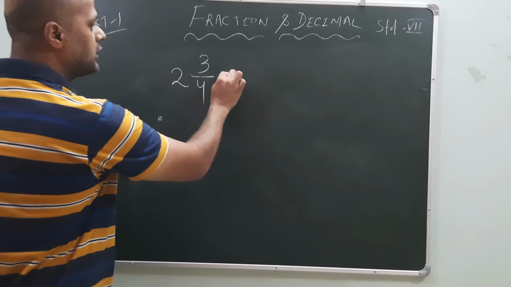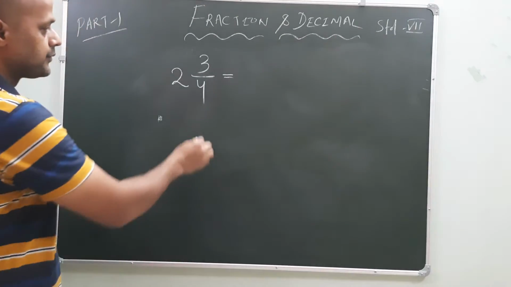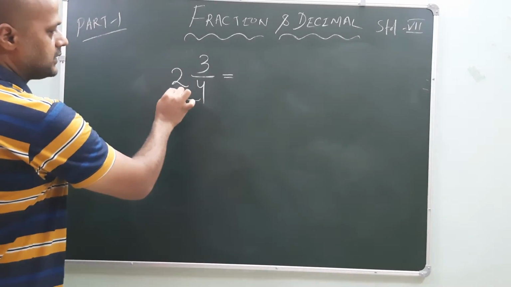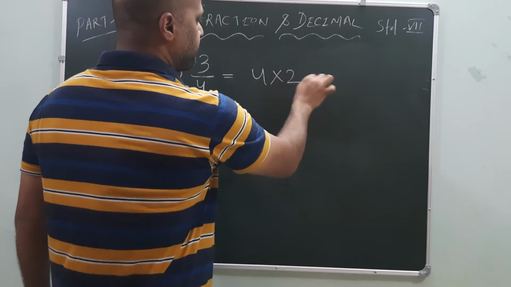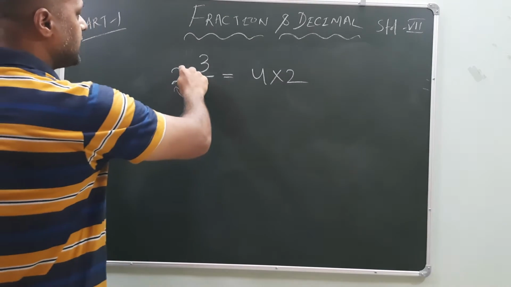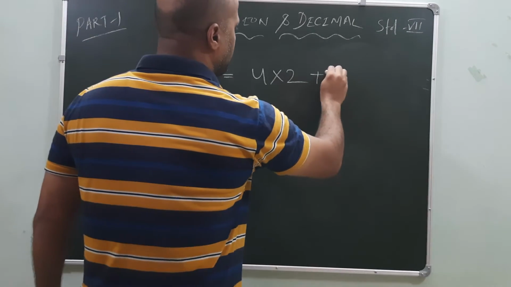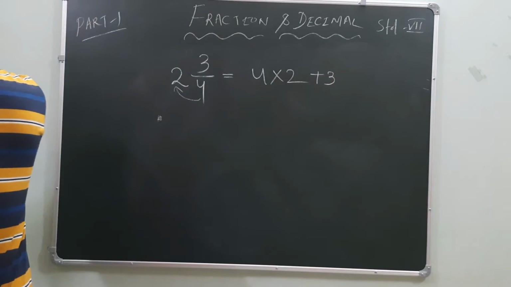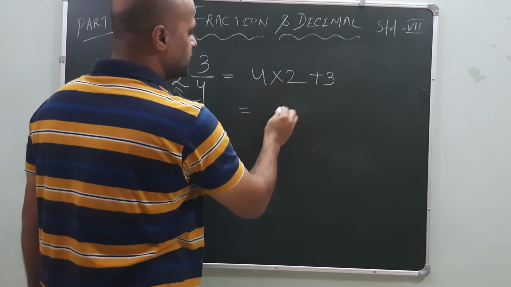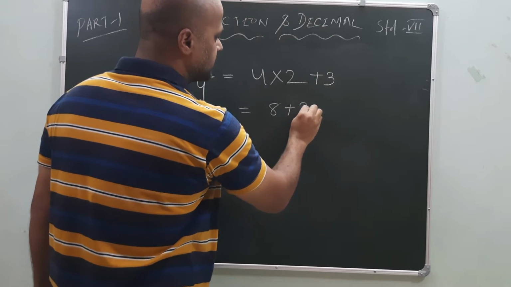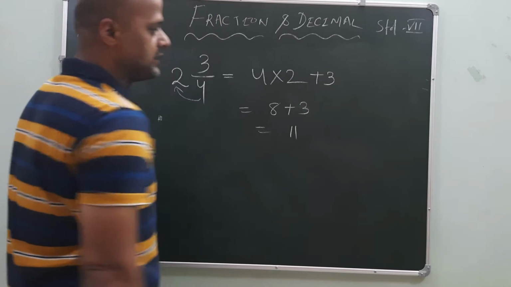Now see how it will be. First, you have to multiply the denominator with the whole number. After the result comes, you have to add it with the numerator. Now what is the result? 4 times 2 is 8, plus 3 is 11.